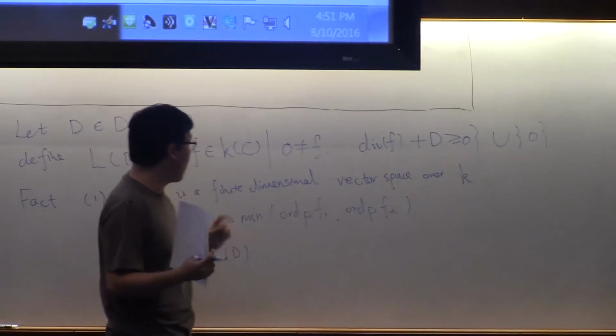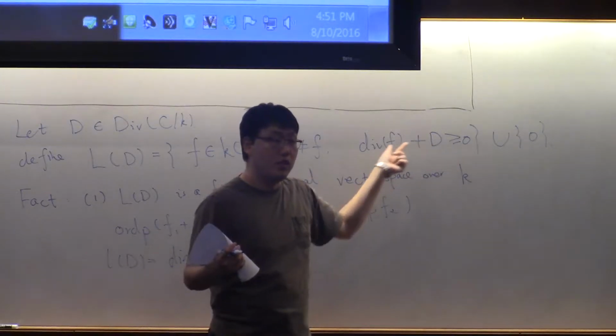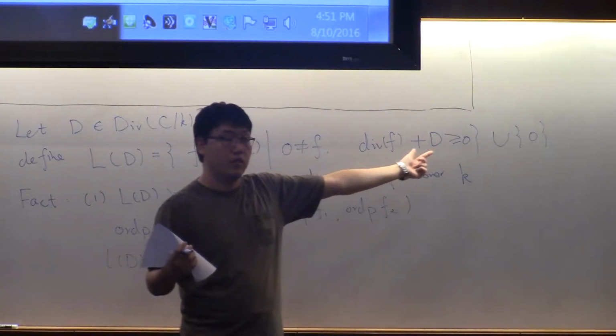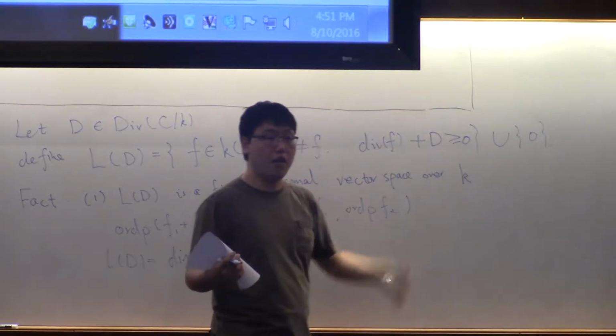If D is 0, then in this vector space, this inequality tells you you need to consider all the regular functions on the curve C with no poles. Okay? So this is the meaning of this equality.